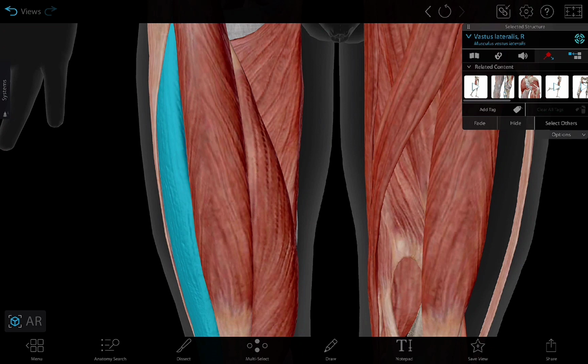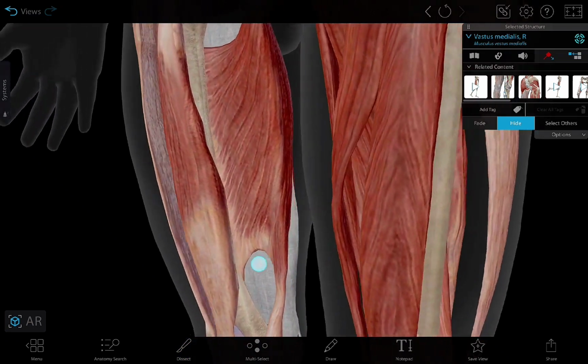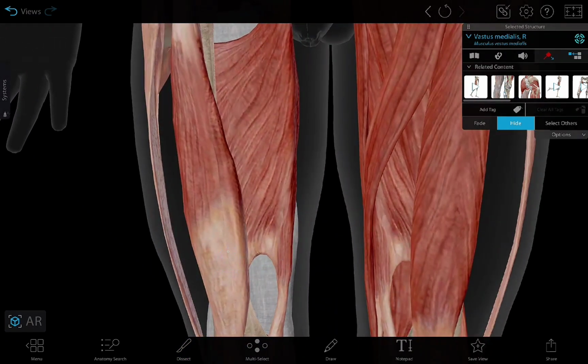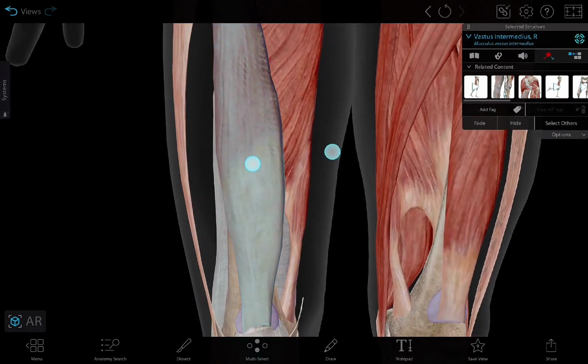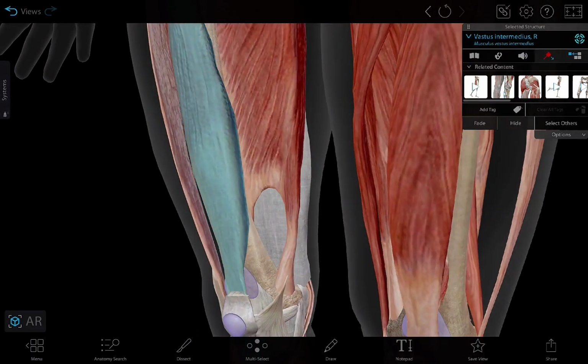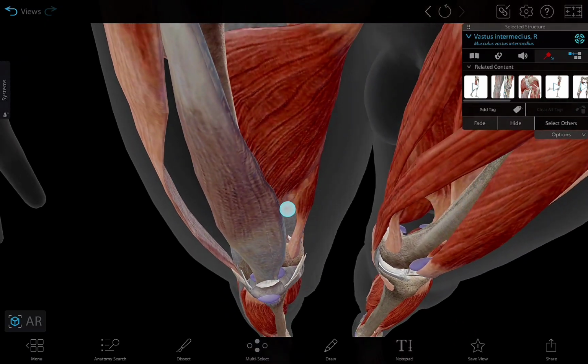Now we are going to dissect these three first. Now what do we see? Can you see the vastus intermedius? It was located behind those three quad muscles.